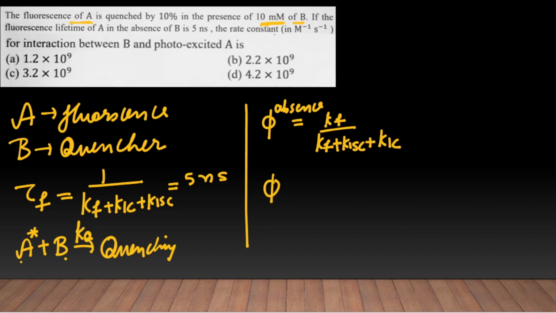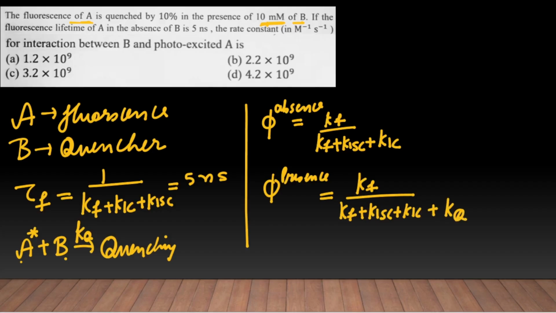In the presence of the quencher, the quantum yield is Kf upon Kf plus KISC plus KIC plus KQ, the quenching rate constant, into the amount of the quencher, which is B in this case.